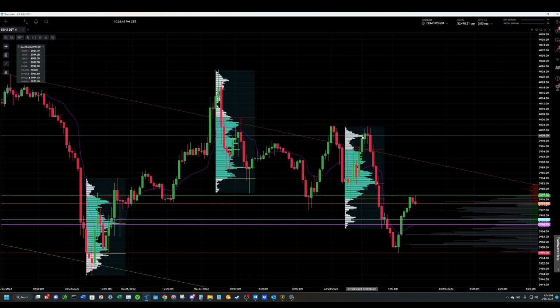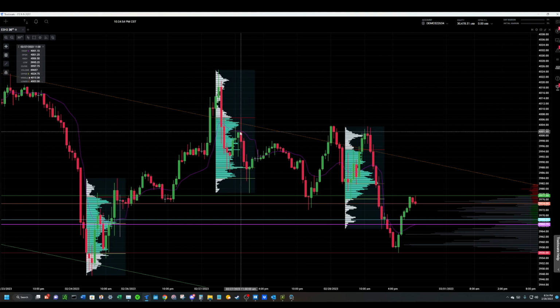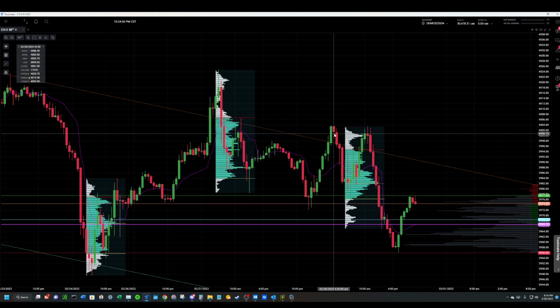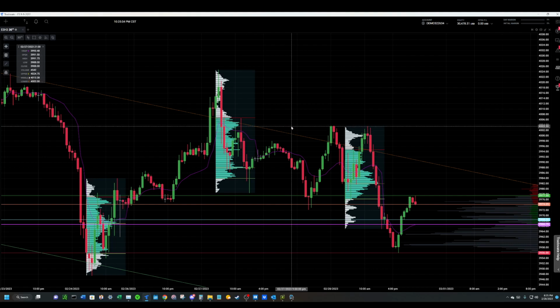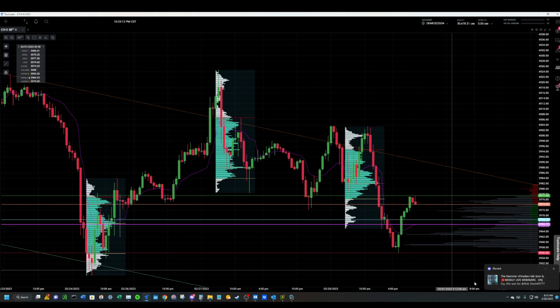And so here's a high volume node. It kind of tested into this low volume node. Tested right here and right up in here, and that's kind of like resistance there. Tested right up to the top of this, went into this little high volume node.